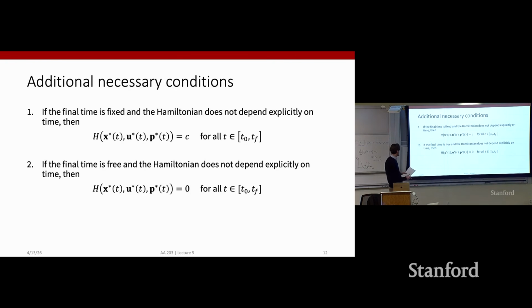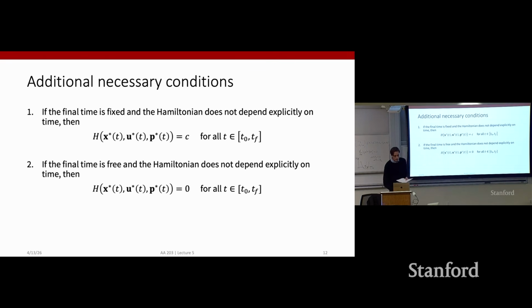As a caveat, Pontryagin and colleagues derived some additional necessary conditions depending on the exact structure of the problem. These are not too relevant for the purposes of this class, but I just wanted to mention that there are some additional optimality conditions that were derived.